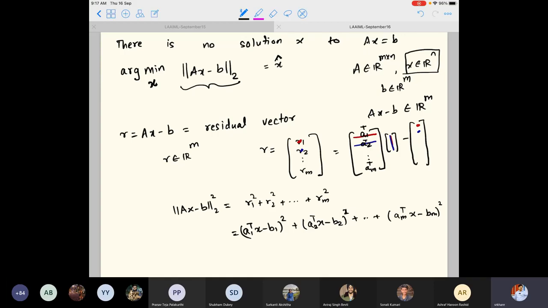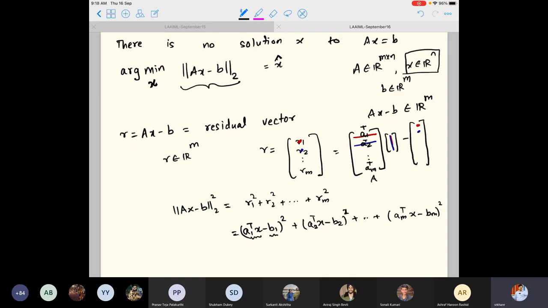If you think of matrix A as a data matrix, then you have features along the columns. Every column is a feature and every row is a data point, which is an n-tuple. So a1 transpose is a data point, an n-tuple. You find the parameter x, so you compute a1 transpose x, and that's the prediction that you will give. And that prediction, a1 transpose x, you are matching with B1.